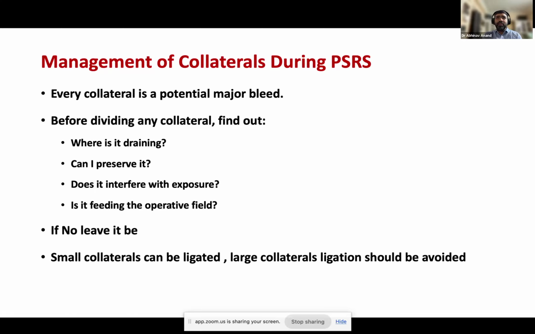If these are not disturbing our train of dissection, it is better to avoid them. We do not need to divide the collaterals. But if it is coming in between, small collaterals can be ligated safely and then divided. It is better to avoid ligating the large collaterals.